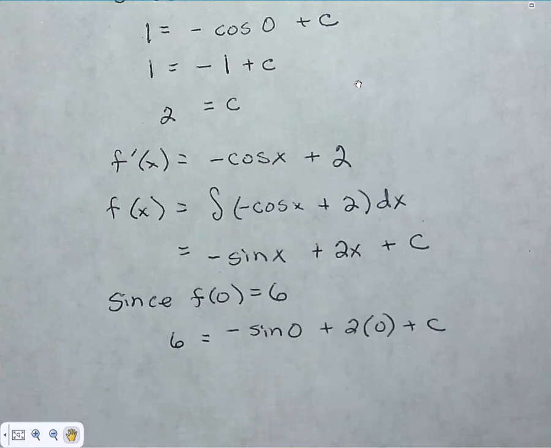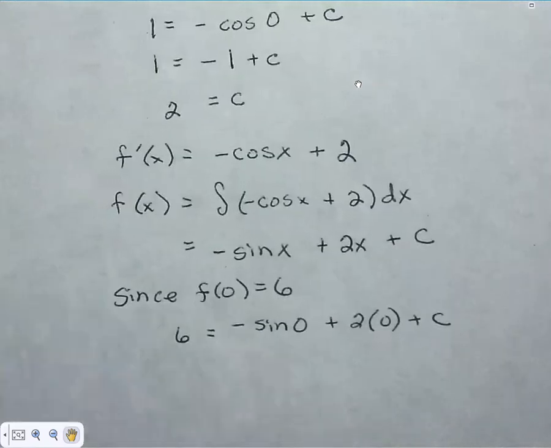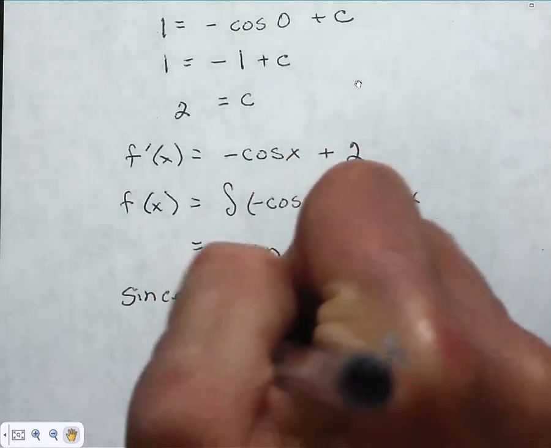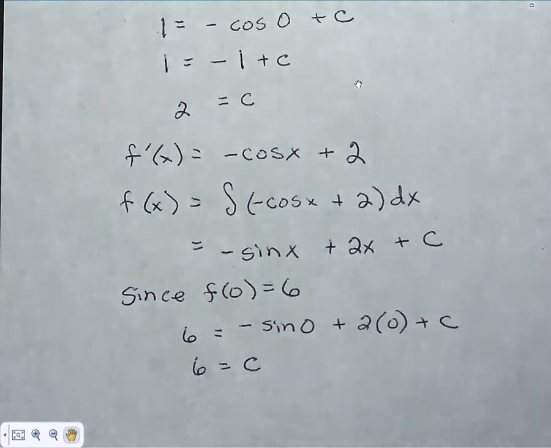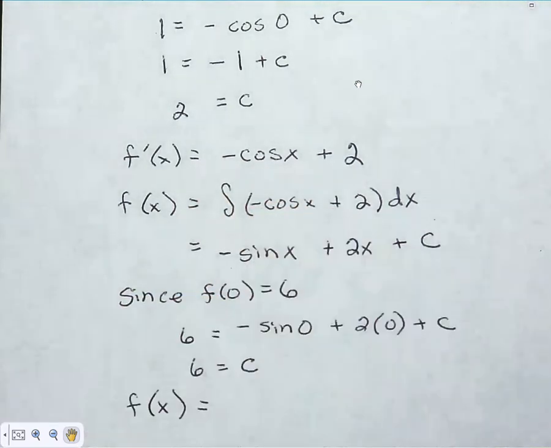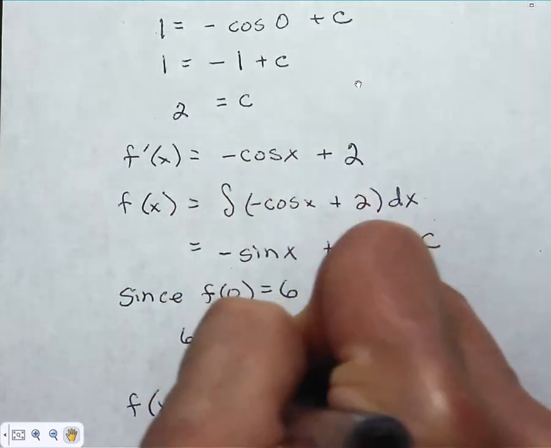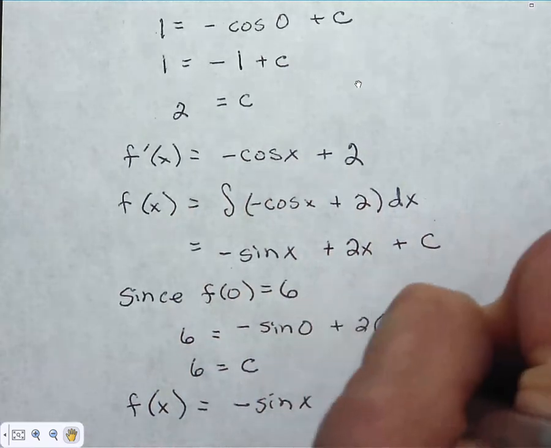What's sine of 0? 0, and 2 times 0 is 0, so what's that constant? Yeah. And so the function that I'm looking for is negative sine x plus 2x plus 6.